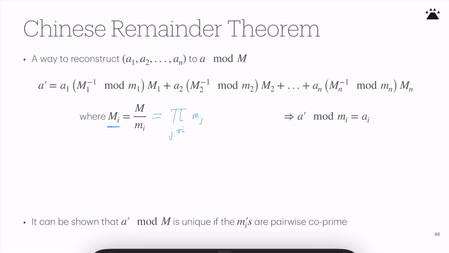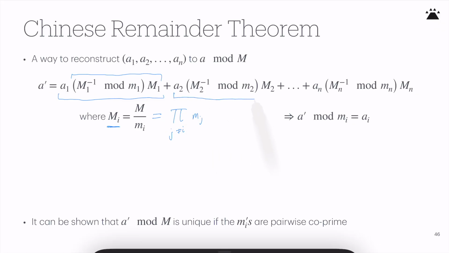Now, if we use these big M_i's, we look at, say, a_1 multiplied by this constant, M_1 to the power minus 1 mod small m_1, and that times big M_1. Then a_2 is the same: we multiply by the corresponding constant, but this time the one for small m_2.